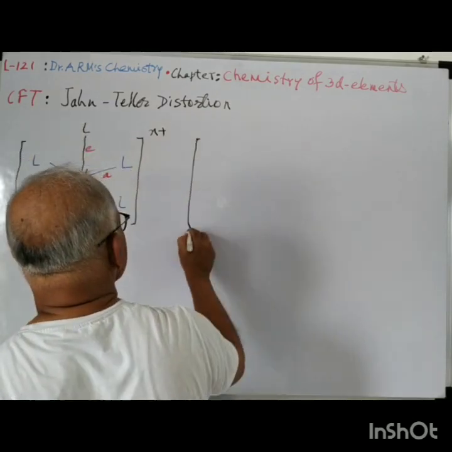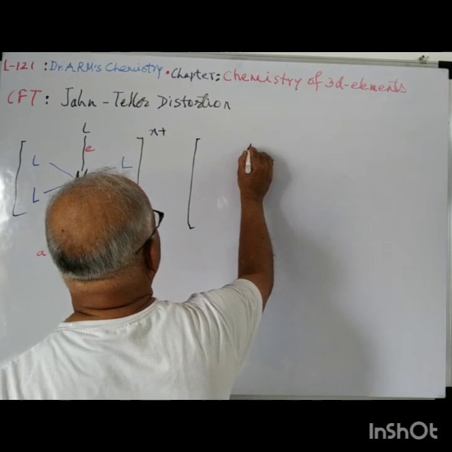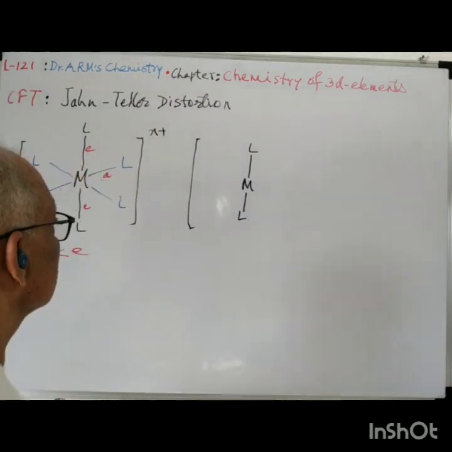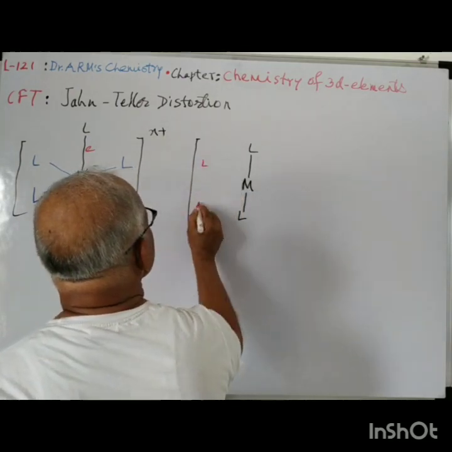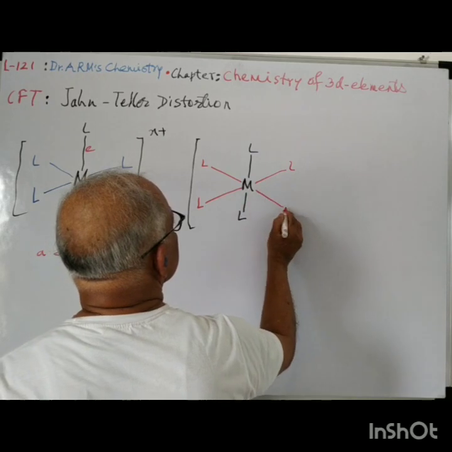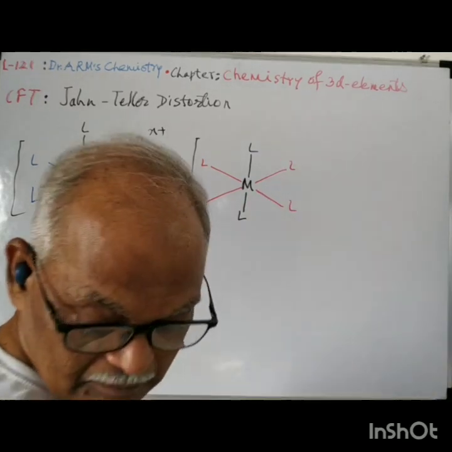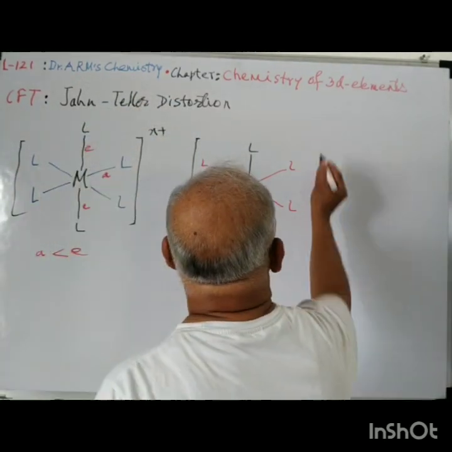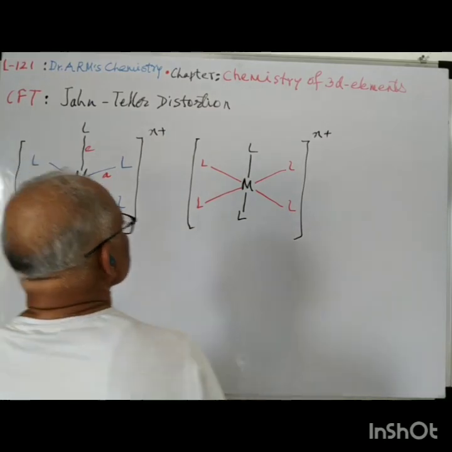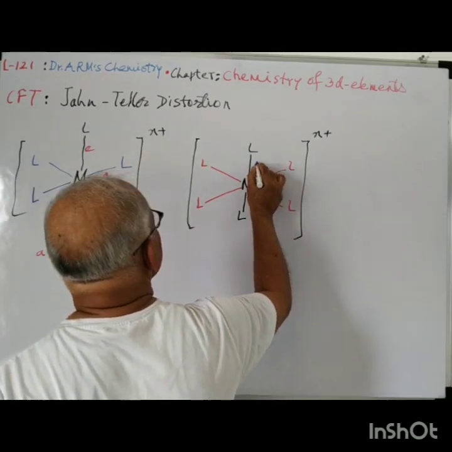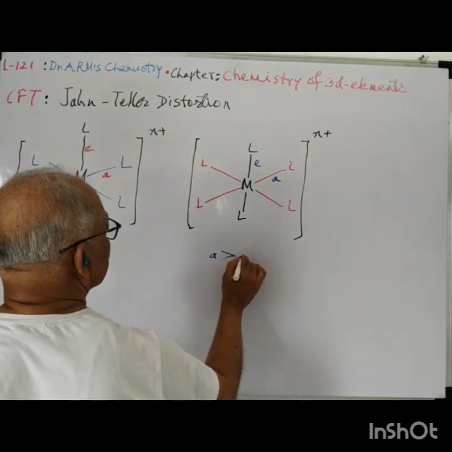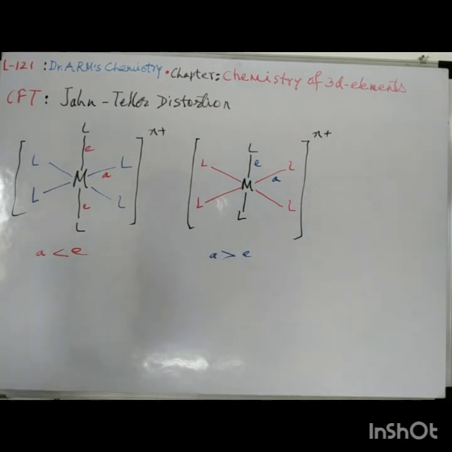Then if you consider another structure in which the metal ion is at the center, here a and e, you will find that a is longer than e.